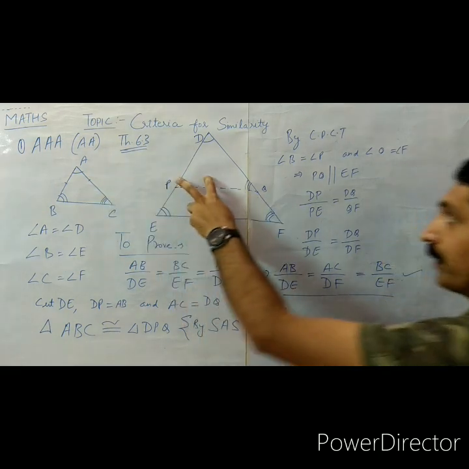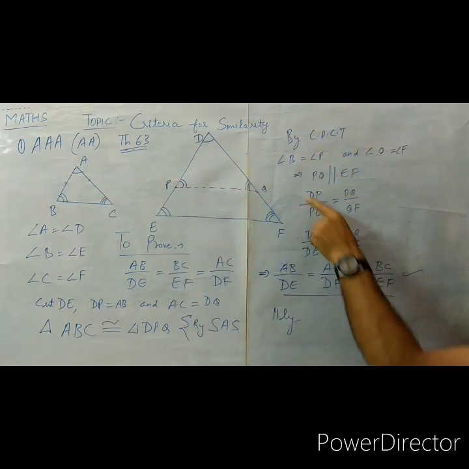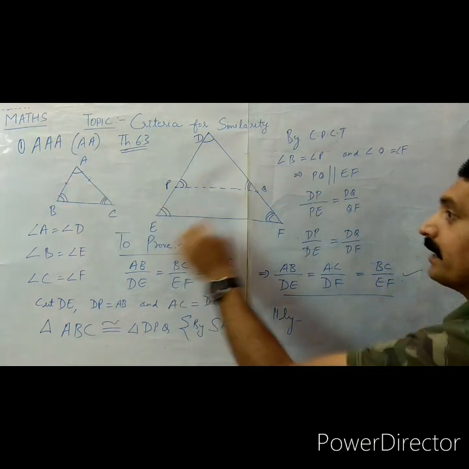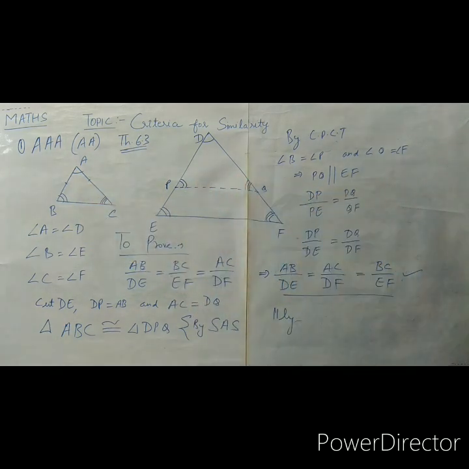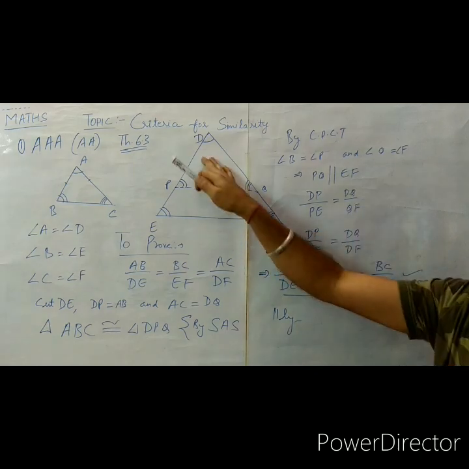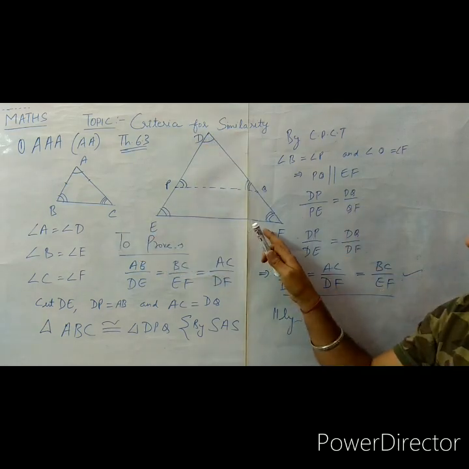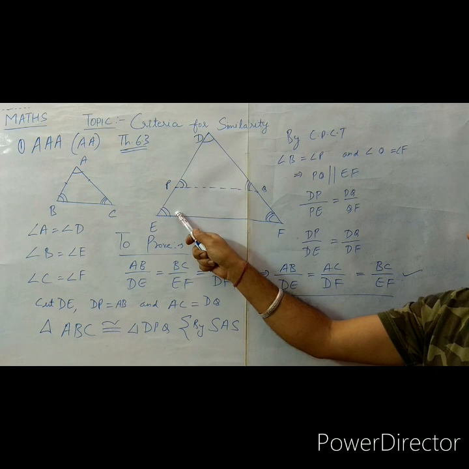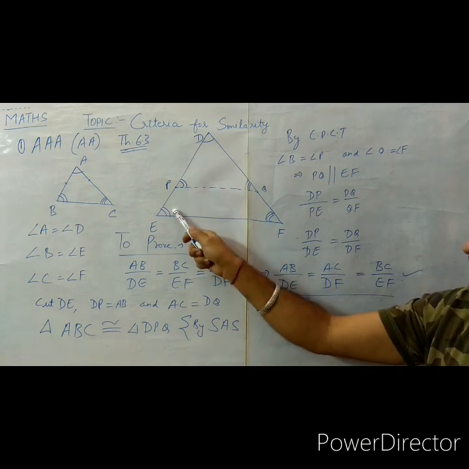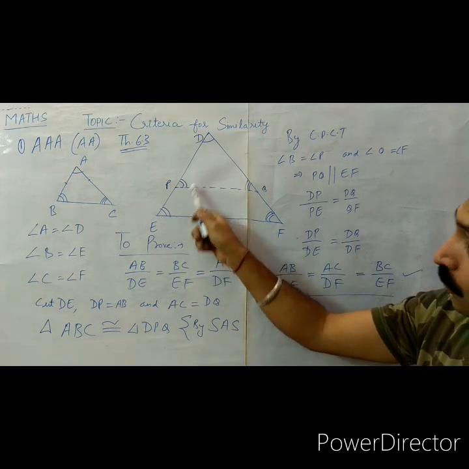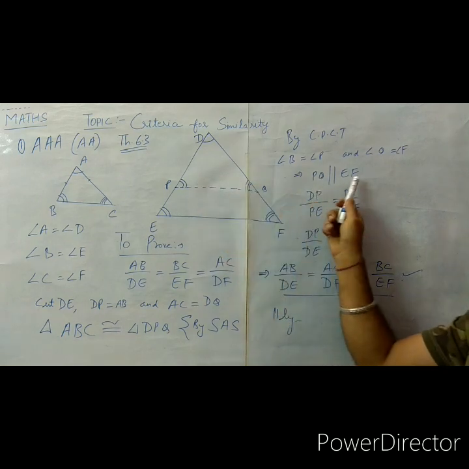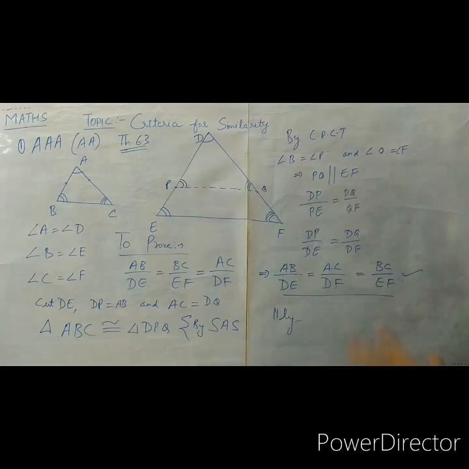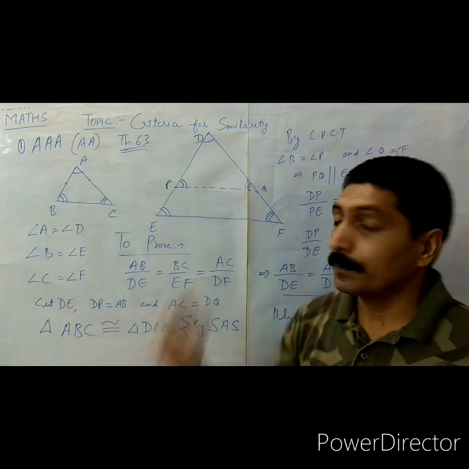Once two triangles are congruent, by CPCT we have angle B is equal to angle P and angle C is equal to angle Q. So now in triangle DEF, these two angles are corresponding angles, so PQ is parallel to EF. And then we have applied BPT and its properties, and we have proved the AAA rule.